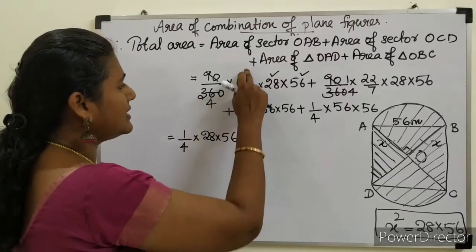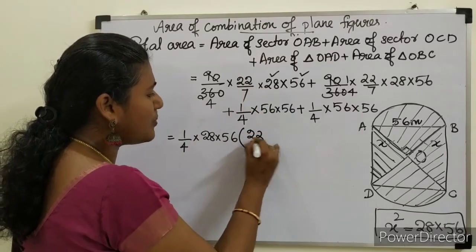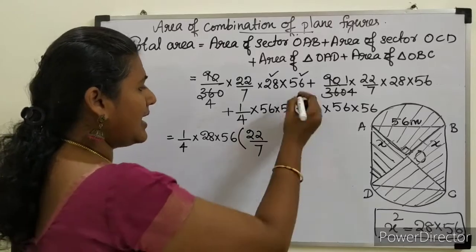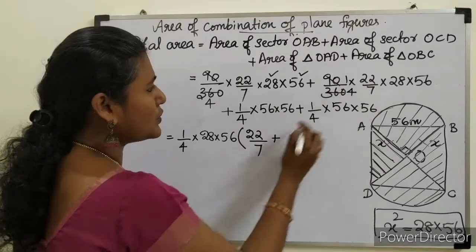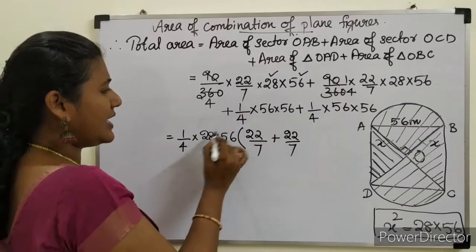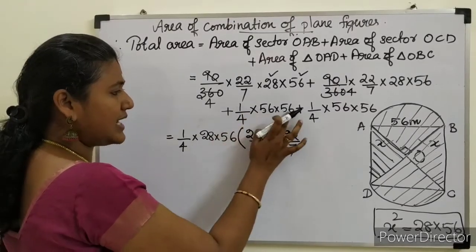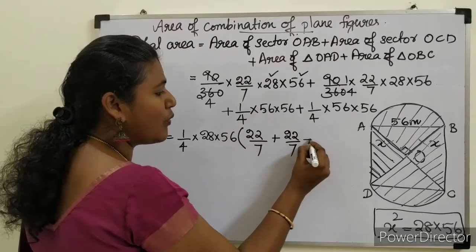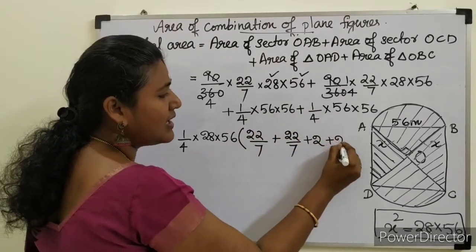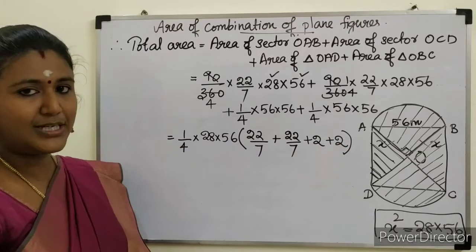The remaining in the first term is 22 by 7, and in the second term also 22 by 7. In the third term we will have 2 left, and the same way in the fourth term also we will have a 2.